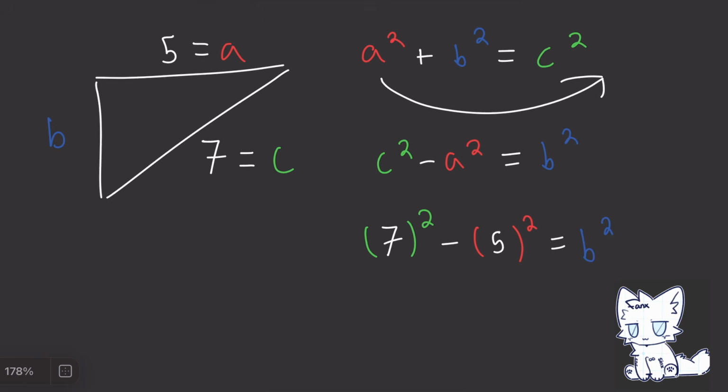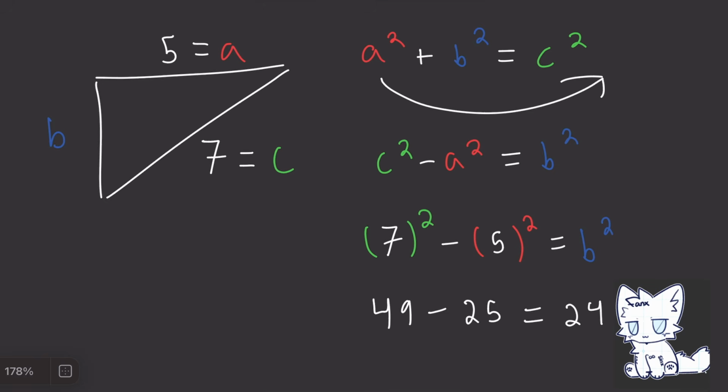All right, 7 squared is 49 minus 25, and that is equal to 24, which is equal to b squared. Now, to find b, just take the root of both sides. b is equal to the square root of 24. So that means this will be our answer.